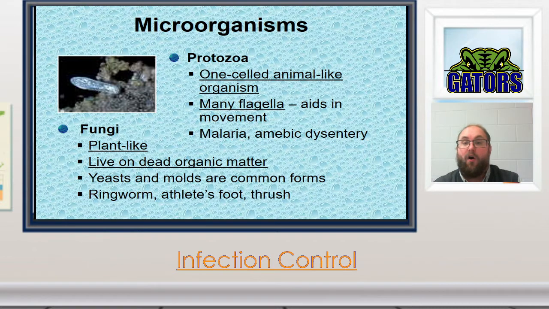They cause diseases in humans like ringworm, athlete's foot, and thrush, which are all kind of skin disorders where the fungus gets on the skin and grows and eats the dead skin cells.